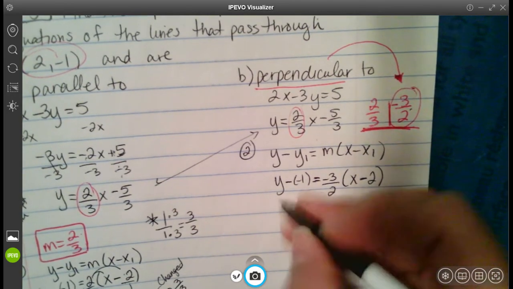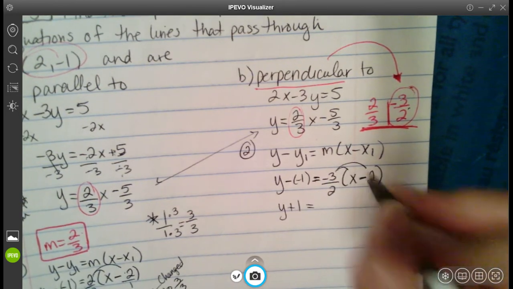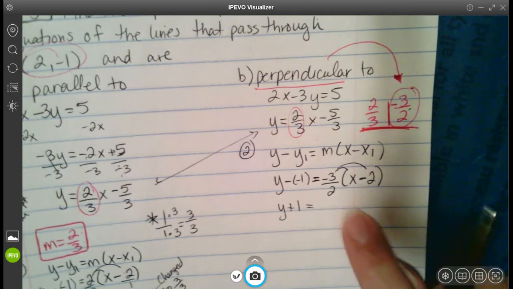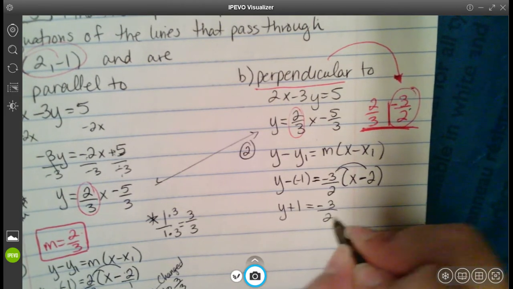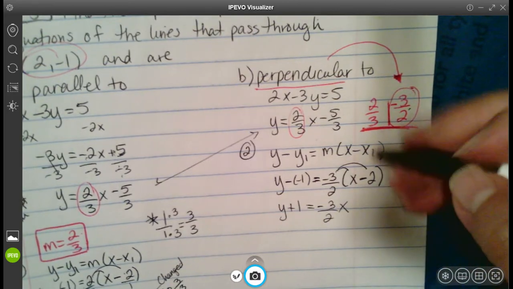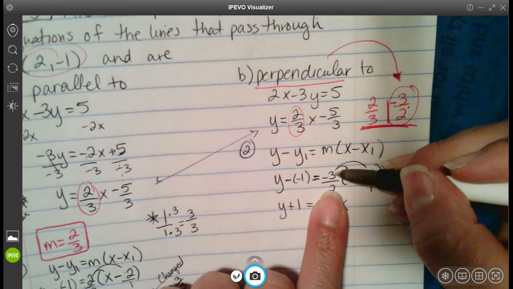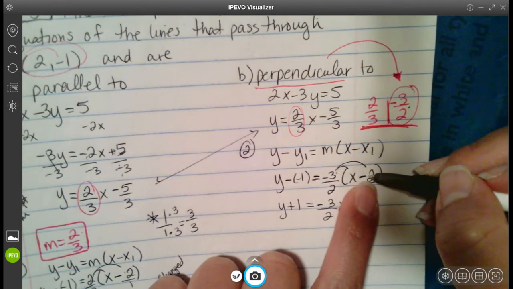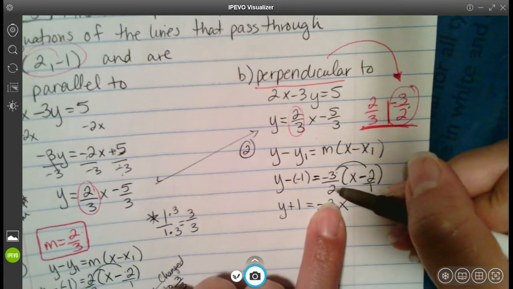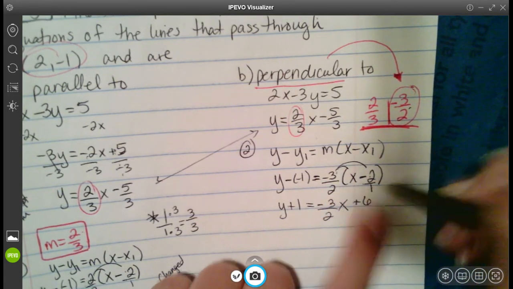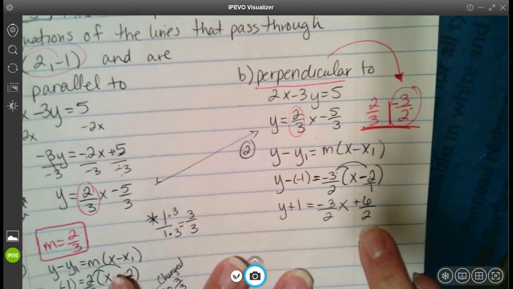Okay, let's simplify. So this is going to be y plus 1 is equal to, if I multiply here, oh, this is going to come out actually really nice. So this is going to be -3/2 x. And then if you think about this, if I put that over 1, okay, -3 times -2 is +6. Okay, 2 times the 1 is 2, and we can divide this.